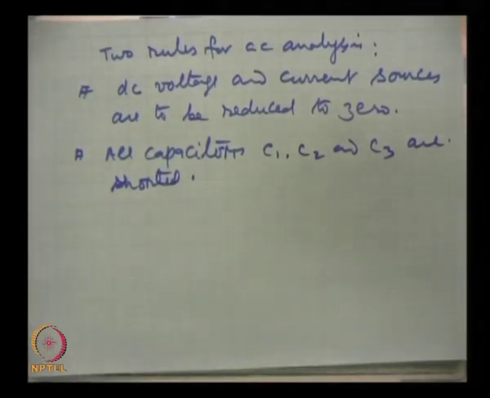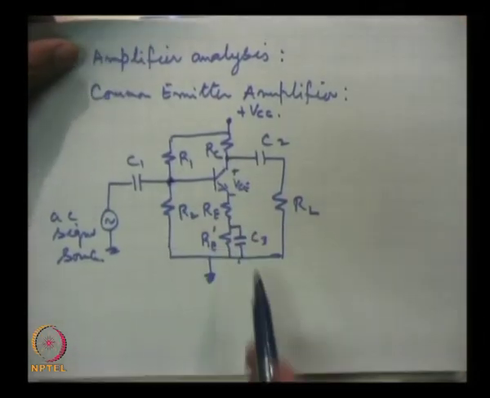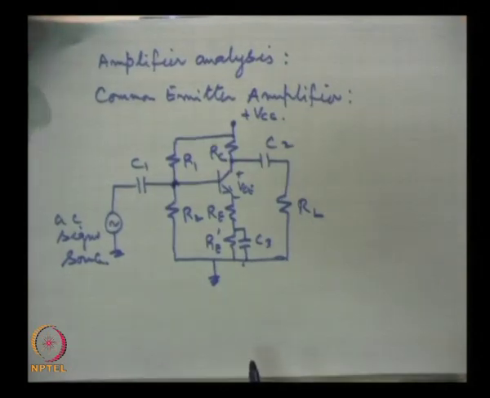Now, if we follow these rules of the analysis, then the CE amplifier which we have shown here gets reduced to its AC equivalent circuit.